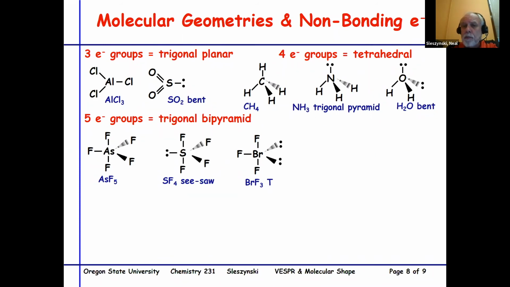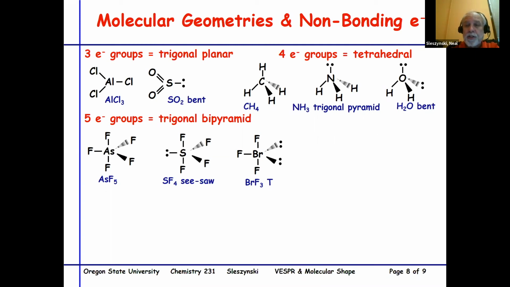is T-shaped. Now, when we have 5 repelling electron groups, we have positions that are not equivalent. The positions in the triangle are not equivalent to the positions in the pyramid. And as you can see, as we start to put our non-bonding electron pairs into the structure, our non-bonding electron pairs always preferentially go into that triangle because they're 120 degrees away from other repelling electron pairs as opposed to 90.